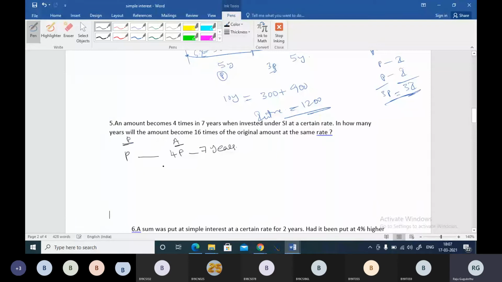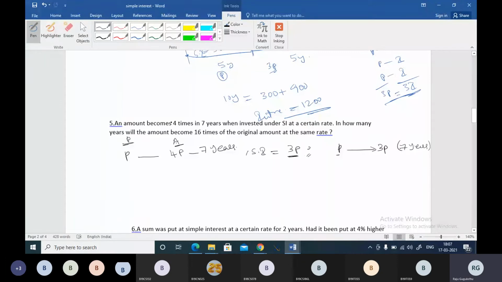Then what is the simple interest here? Simple interest is amount minus principal, so 3P will be the simple interest. And I can say one statement: the principal is becoming 3 times of itself in 7 years.